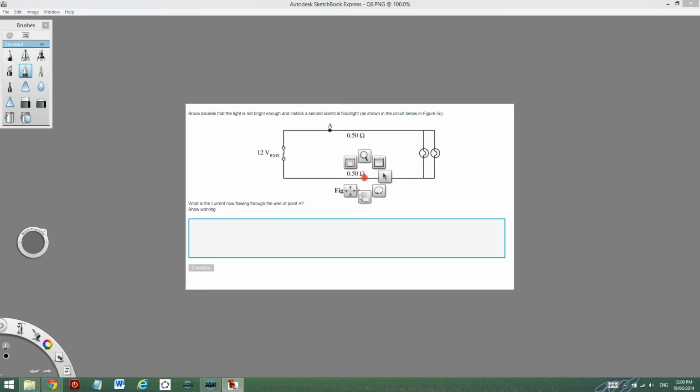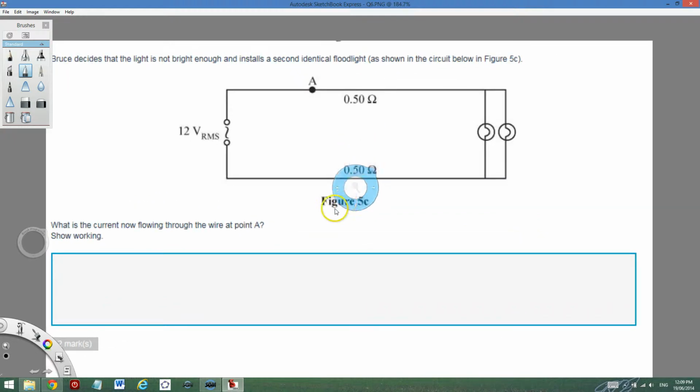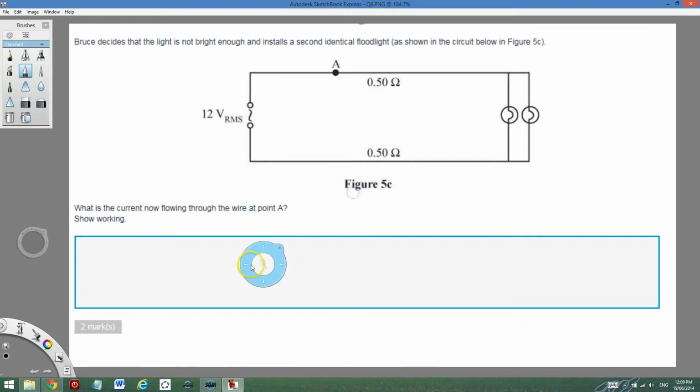Now, again, last question. What is the current? They ask for the current flowing. Treat this as a series circuit.